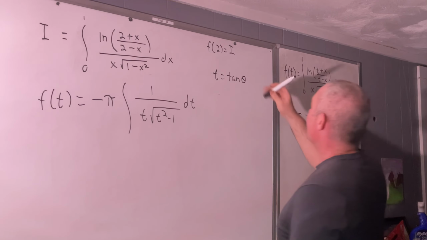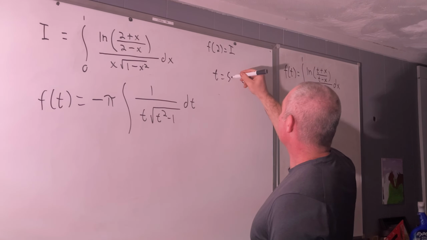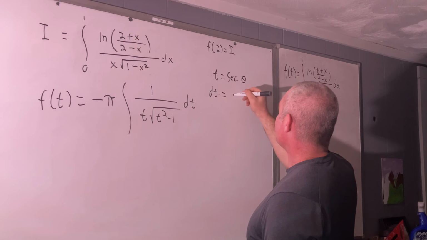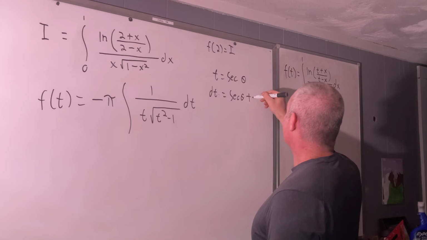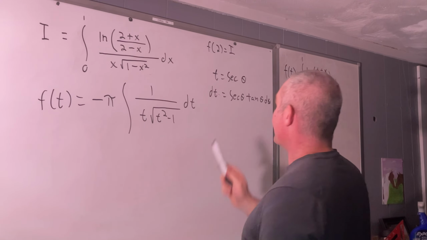No. We'll let t equal secant theta, I'm sorry. Therefore, dt is going to be equal to secant theta tangent theta d theta. Now let's see what that gives us. It's an indefinite integral.